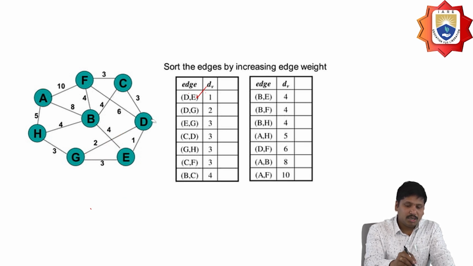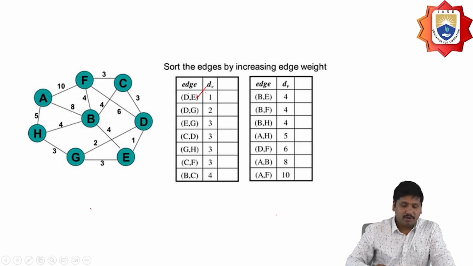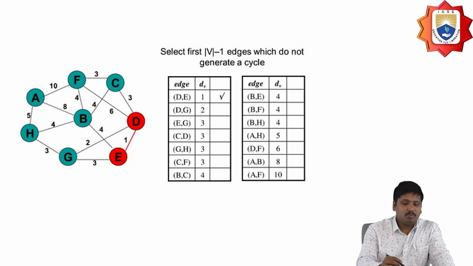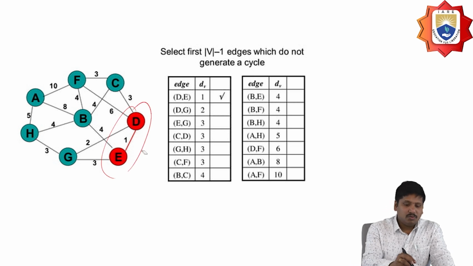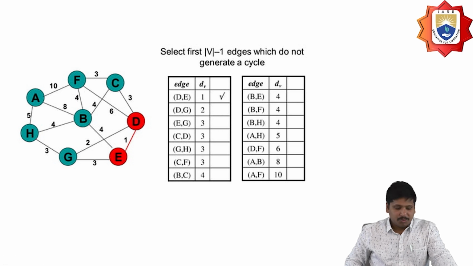So 1, 2, 3, like this, arrange all the edges in increasing order of weights. So first I'm going to select the minimum weight of the graph, that is 1. So I'm marking it in red color here. This is the first minimum weight edge I selected from the graph.